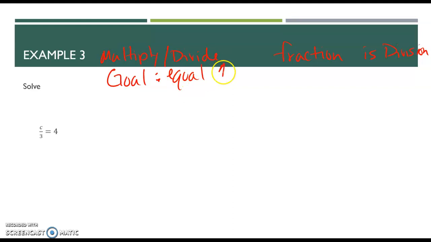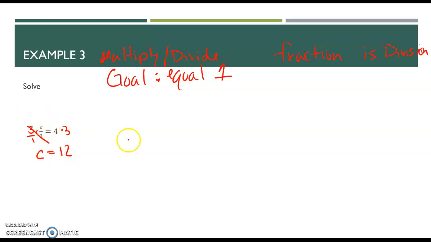We want 1 times our variable. So here, to get 1c, the opposite of dividing by 3 would be to multiply by 3. And so then these will divide out because we're going to technically have 3 over 1 times c over 3. So our 3's will divide out, and we're left with 1c equals, and 4 times 3 is 12.